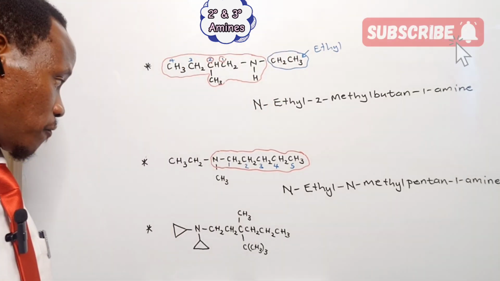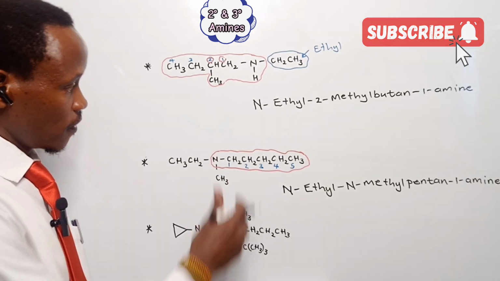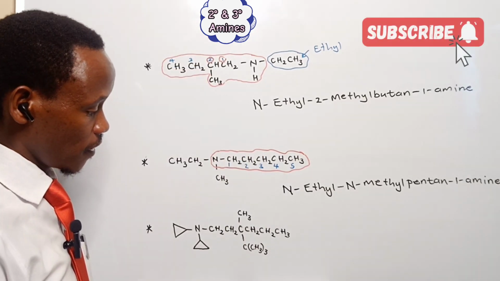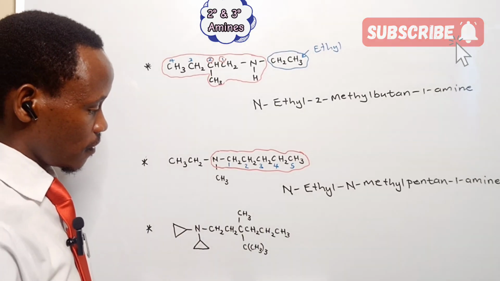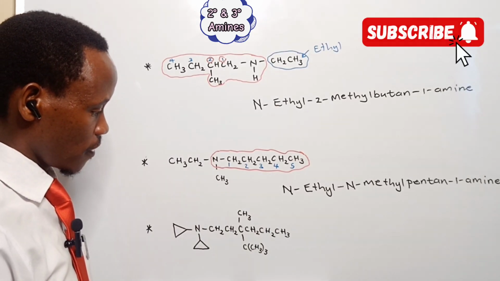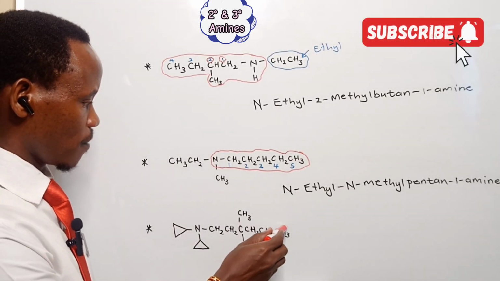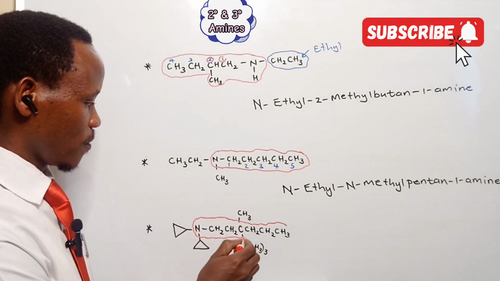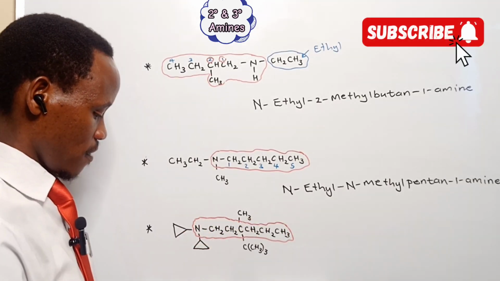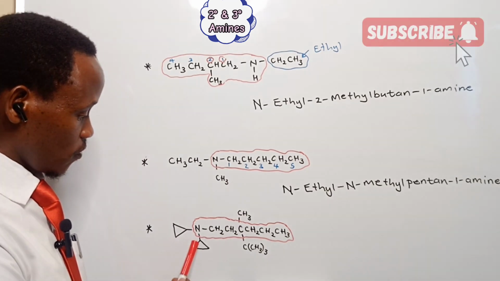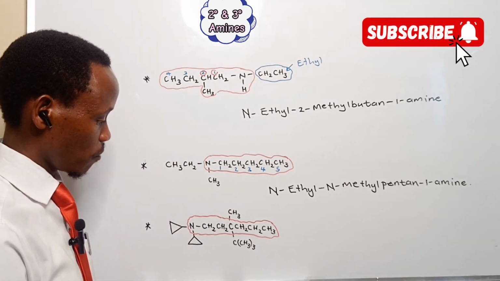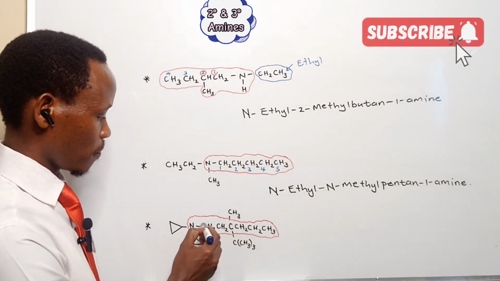Our third and final example, like we have done here, we need to identify the longest alkyl substituent, and therefore this becomes our parent chain, because it is the longest. So therefore these two become the other alkyl substituents. We proceed to number our parent chain.